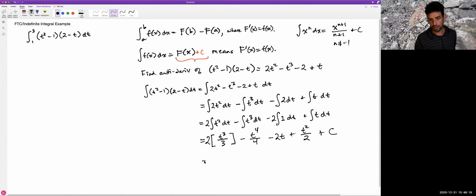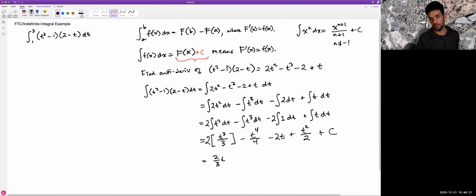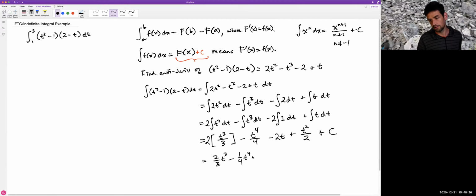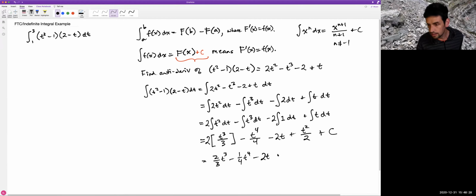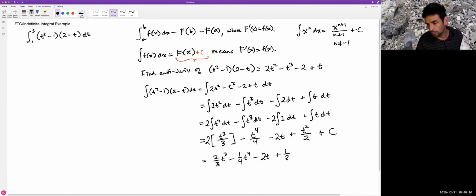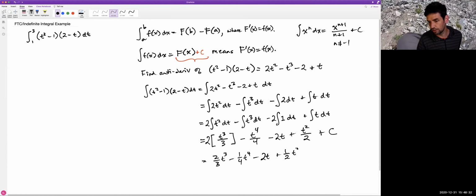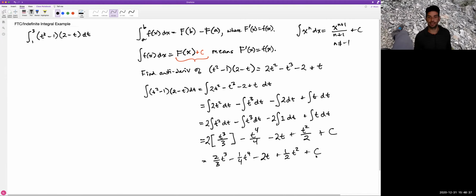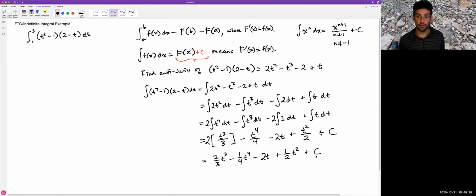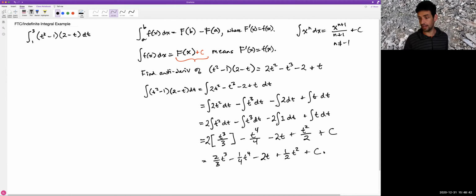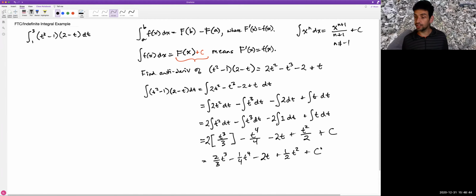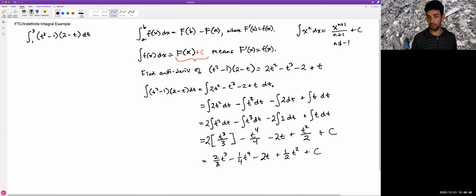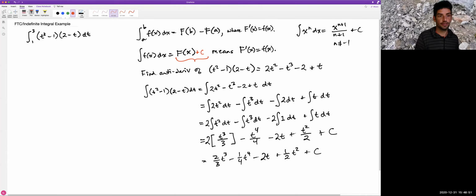And maybe I'll just write this. For some reason, I prefer it this way. It's really bugging me that they're not in order from highest to lowest exponents, but I'm gonna let it go. Okay, so there is our antiderivative, right? That plus c is because it's a family of functions. Any number on the end there, if you take the derivative of this, you'll end up with what we have, right?